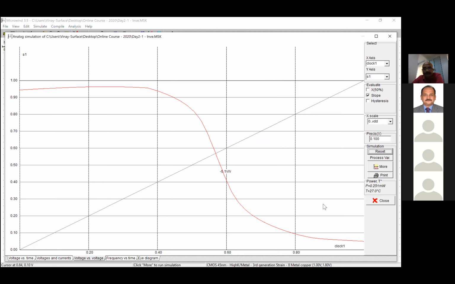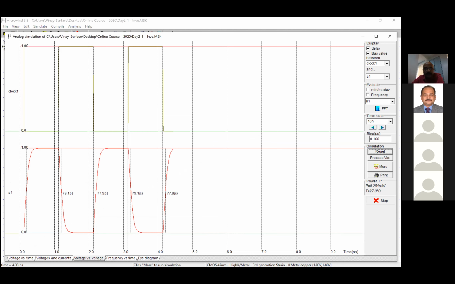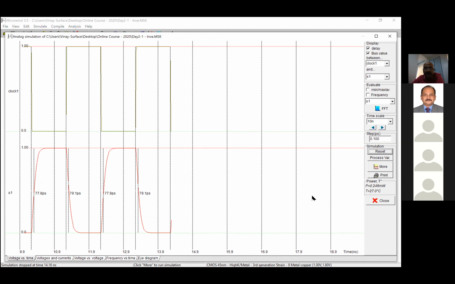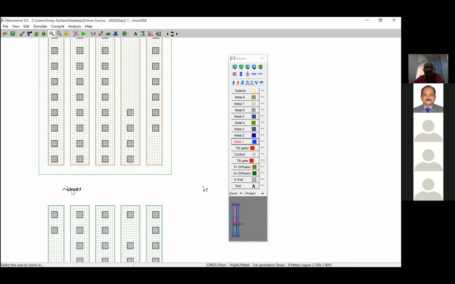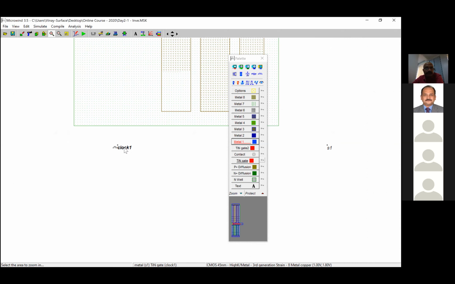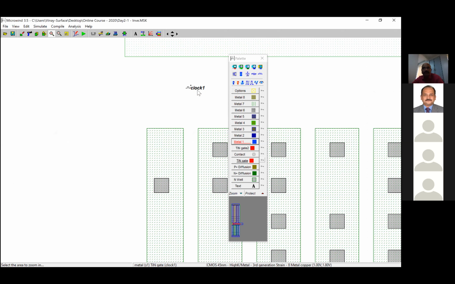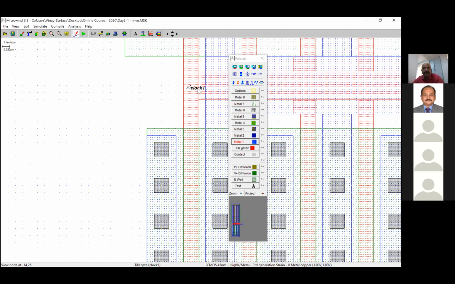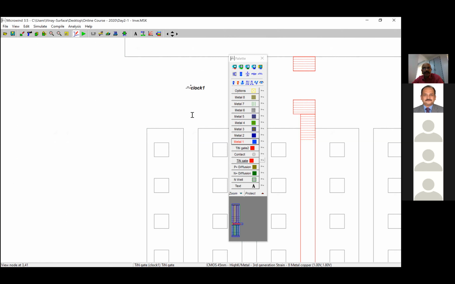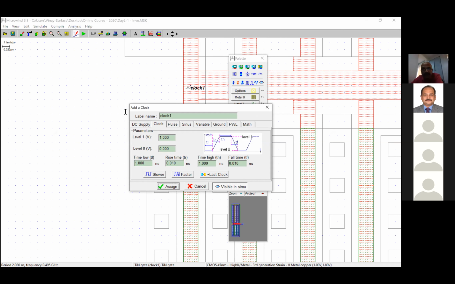So what I do is apply a signal to the input. I zoom in on the middle area of the inverter and double click on the clock. You must be seeing this clock window.